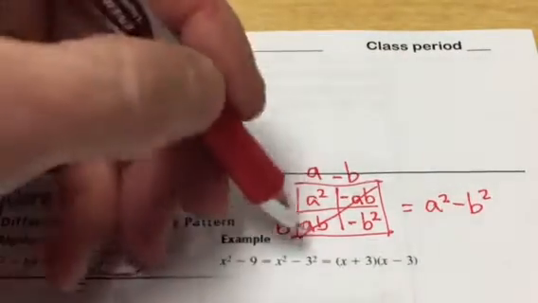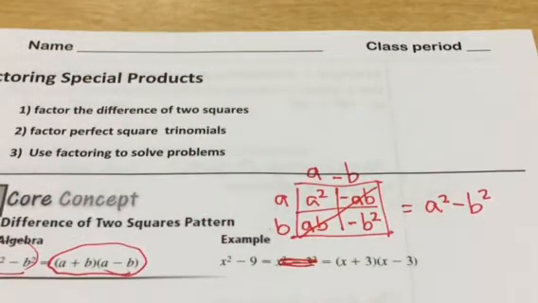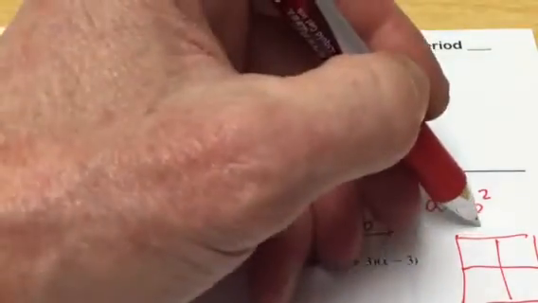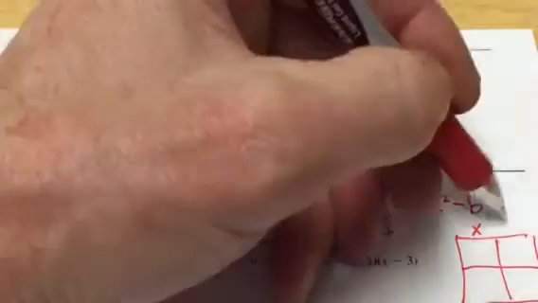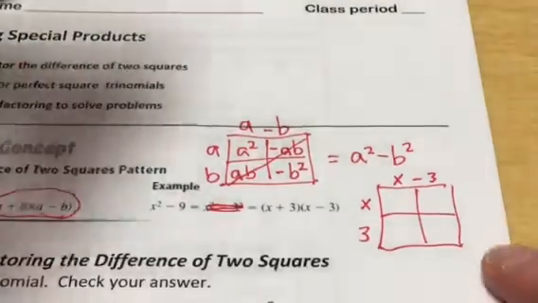Now I don't like what the book puts right there in that pattern, and this is a pattern, and you can see on this second example that we would be thinking about multiplying the product of x minus 3 and x plus 3. Those are again conjugates.